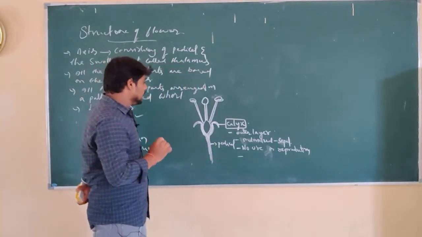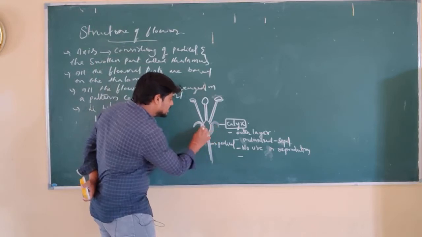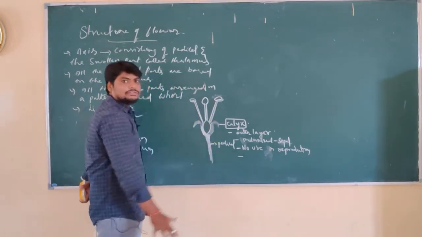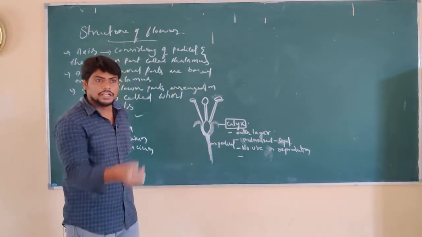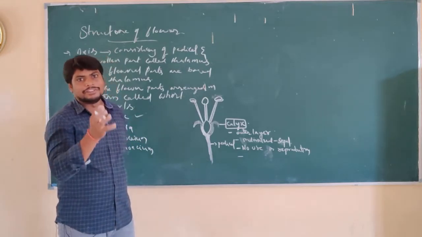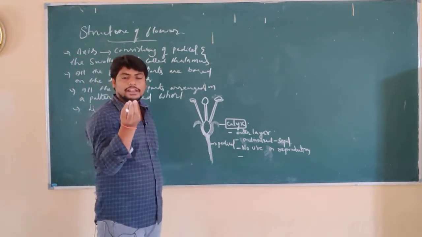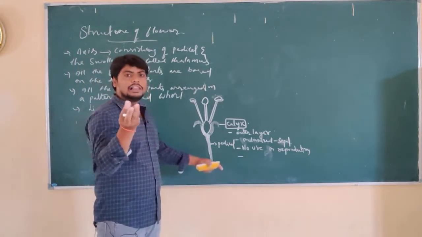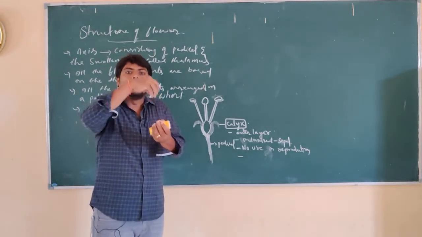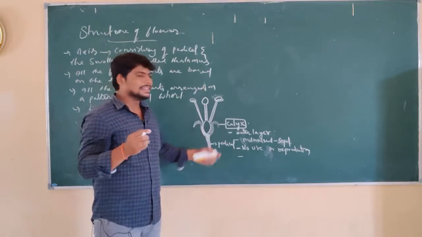What is the important function of this calyx? That is what we have to remember. If you remove the calyx, what will happen? The flower parts will fall off. If you remove the green part of a rose, it will fall off. When the flower is in the bud form, all the floral parts are completely covered or closed by the calyx.